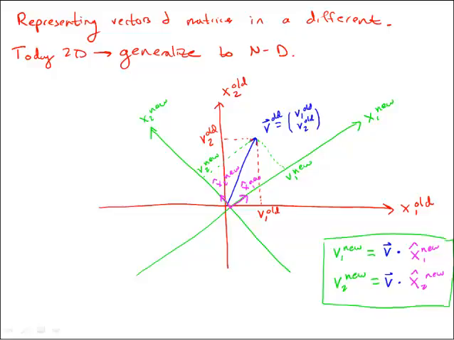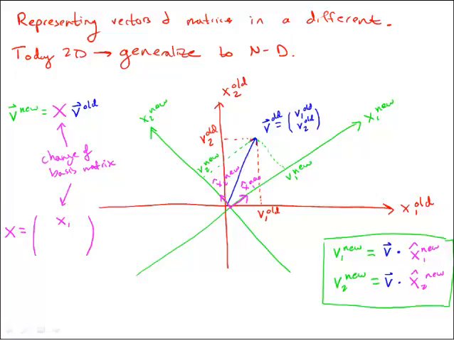And so how can we write out this equation as a matrix? Well, dot products are very easy things to stick into matrix equations. So we can write the vector v new as equal to some matrix times our v old. And this matrix is our change of basis matrix. In each row of our change of basis matrix, we have a row vector corresponding to one of the new basis vectors.